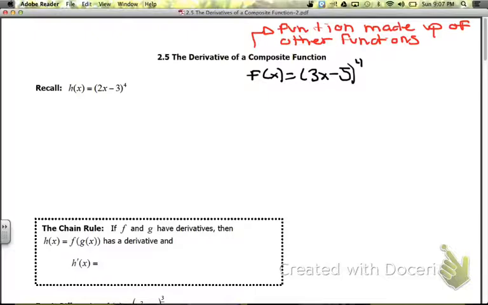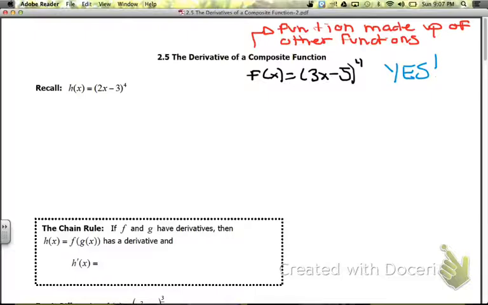But if you recall back in advanced functions, when we looked at functions where f was following g of x, where g of x was following h of x, whichever the case might be, we would know that this could be made up of more than one function. So yes, this is a composite function.